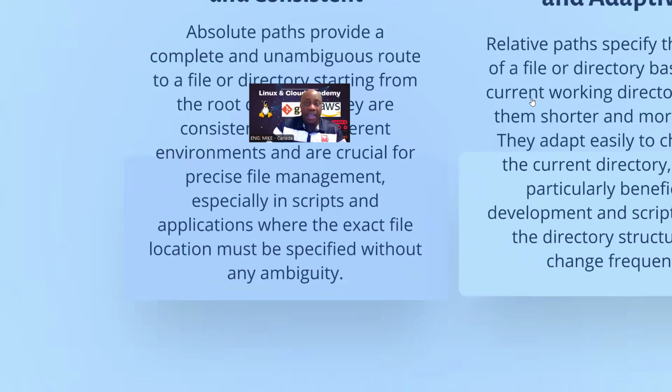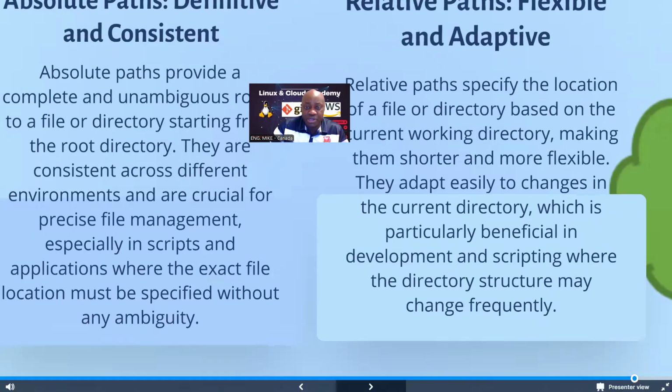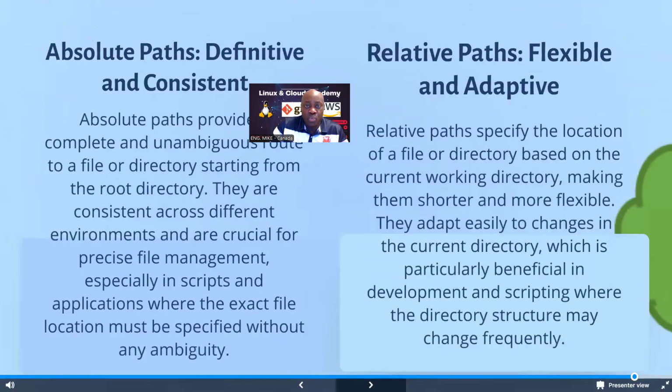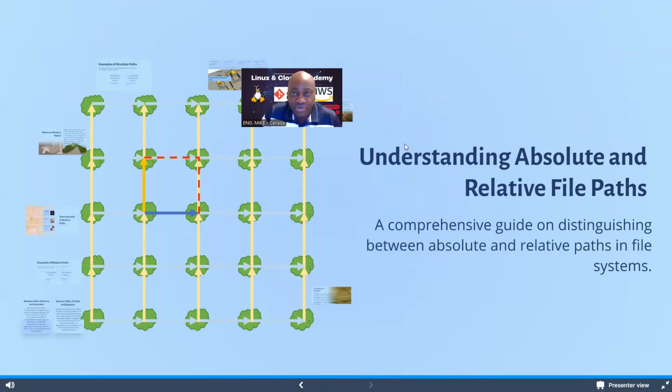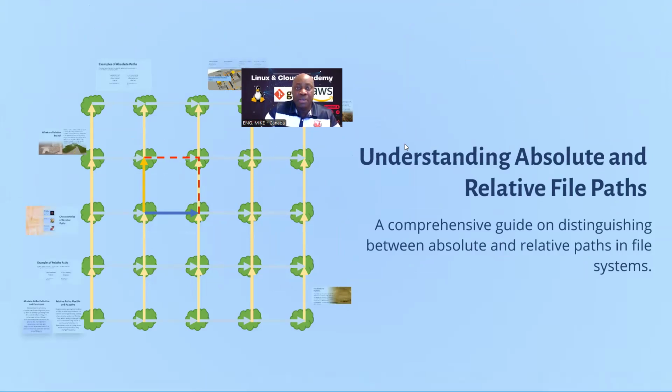So, in a nutshell, in summary, the absolute path is the path to your files and directories based on the / directory, which is the directory from which all files and directories emanate, the root directory.